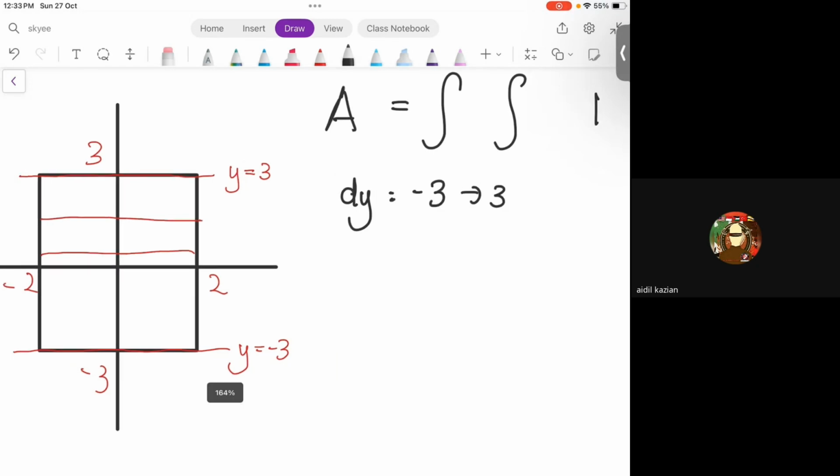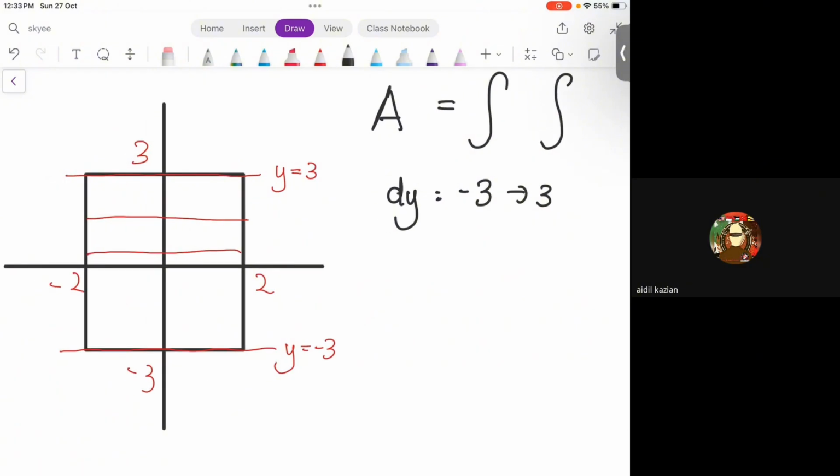How about my x? Imagine you are sitting inside this streak. When you look at the left-hand side, you see this vertical line, and its x value is negative 2. Same value here, also negative 2, here also negative 2.